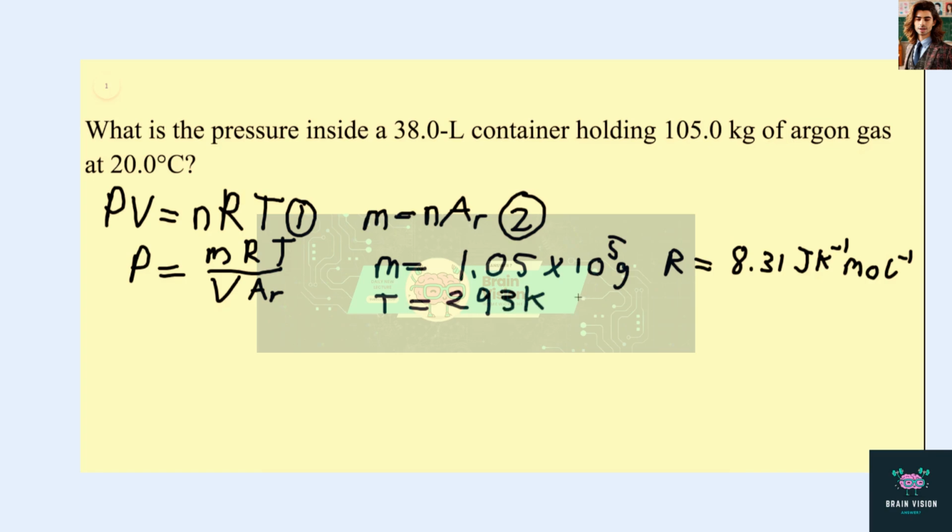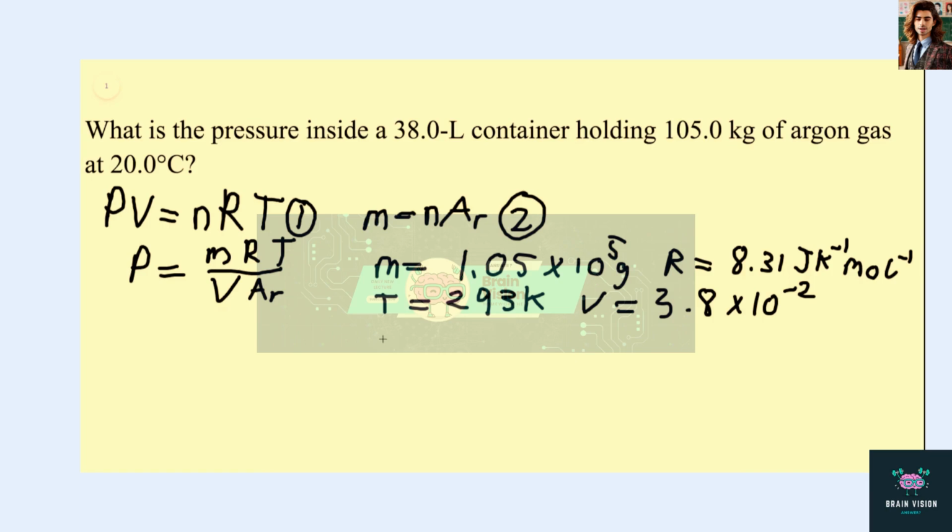And our volume we're going to give in terms of meters cubed, because that's a standard international unit. There are 1,000 liters in 1 meter cubed, so that is equal to 3.8 times 10 to the minus 2 meters cubed.